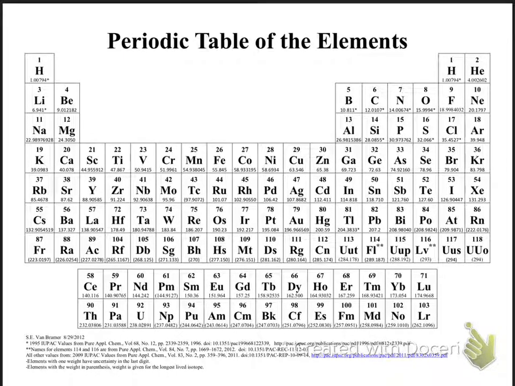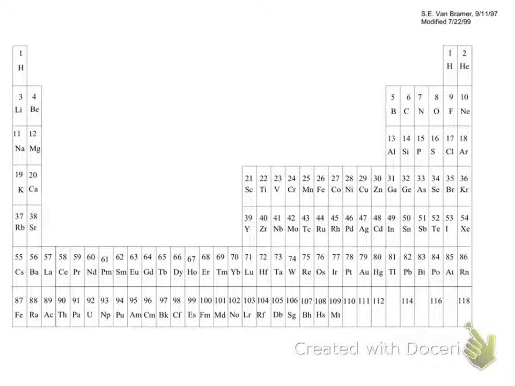Up to now, we've been looking at this version of the periodic table, in which that lanthanide and actinide series have been neatly tucked under the main table to save space. This is going to change your life. Check this out. It's what we call the expanded or long-form periodic table.